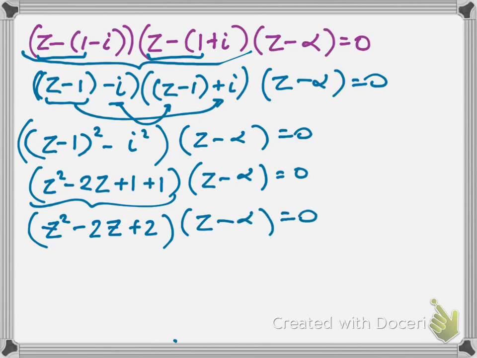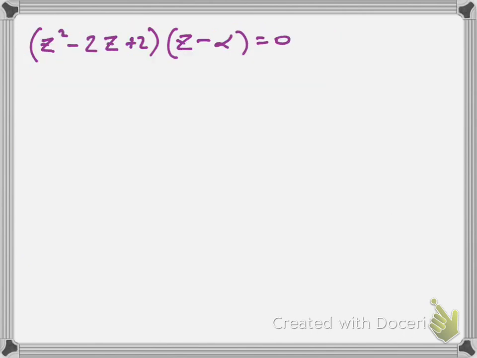Okay, cool. So once we have this, then we expand. Take the first term and multiply it with the first term, you end up with z cubed. Then take the first term, multiply with the second term, you end up with minus alpha z squared.